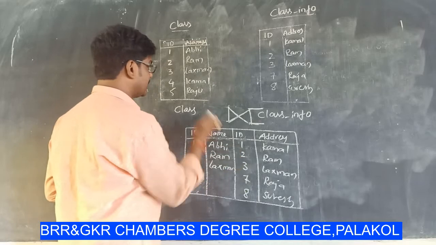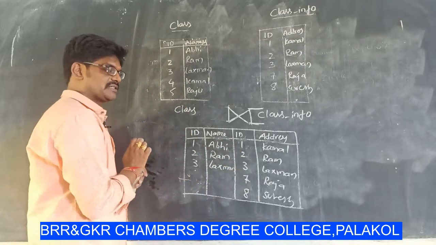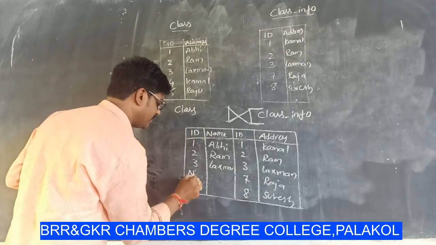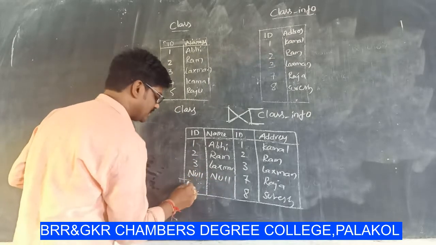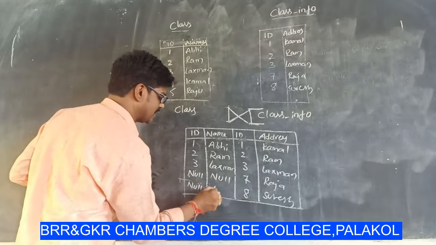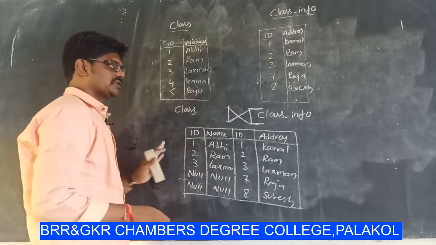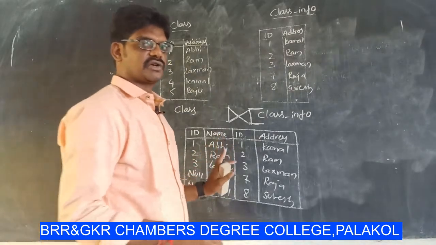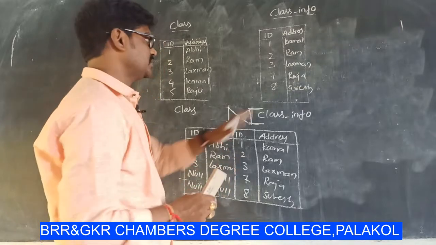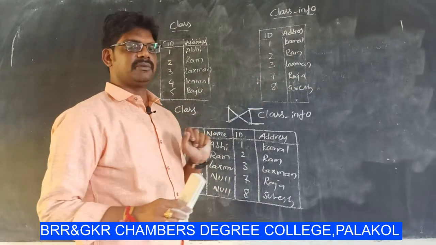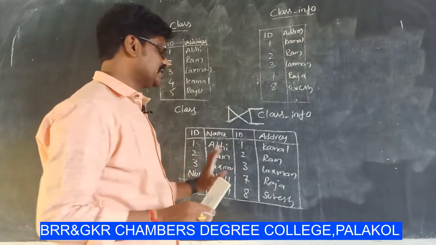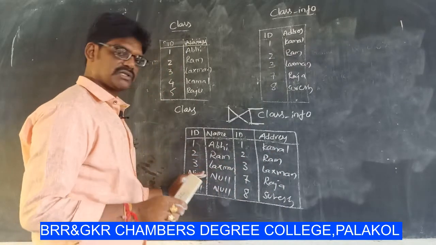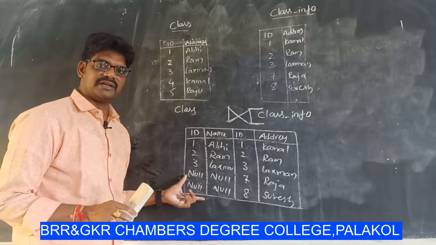There is no 7 in the left-hand side, so it is filled with null values, and in the same way 8. So this is a right outer join: the right table appears completely, and where there are unmatched rows on the left, they are filled with null values.